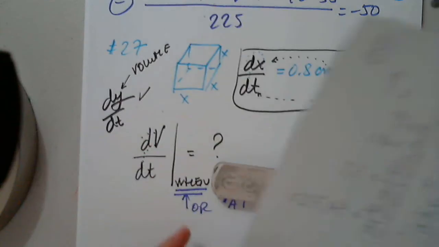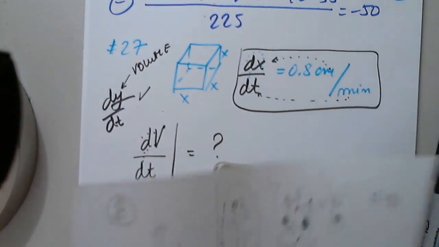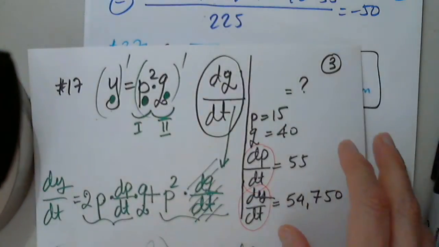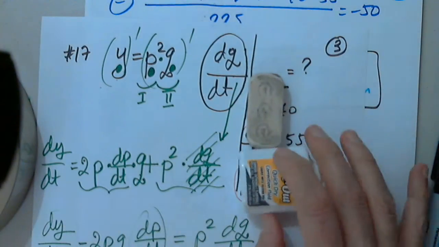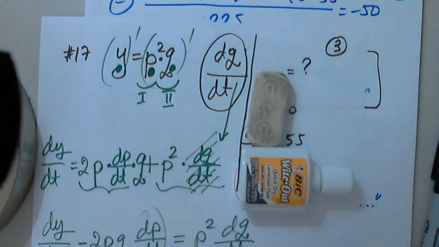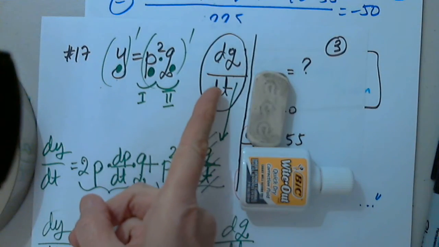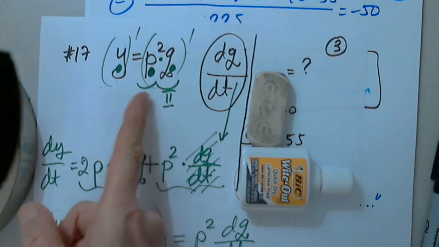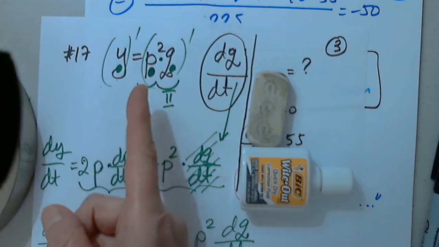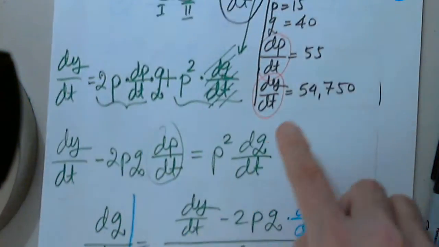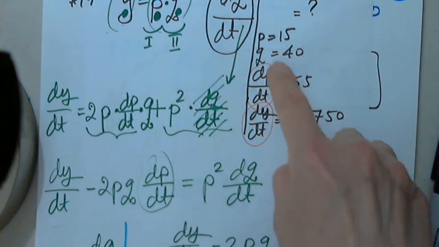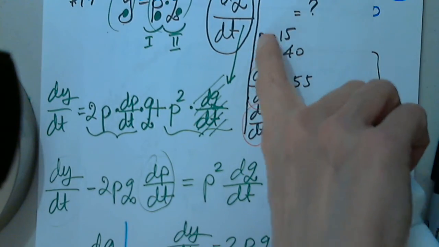I'm trying to get this page back. So see what we did? We did not look at any of this. This did not exist for us. We were asked to find dq over dt. We performed all the operations, and after we solved for dq over dt, then we looked here and said, hey, what is given after when?